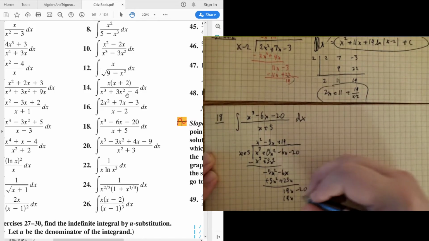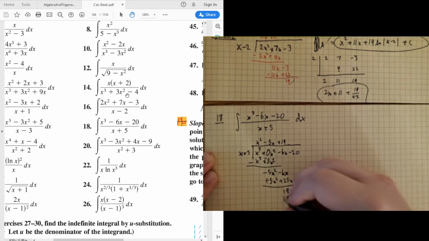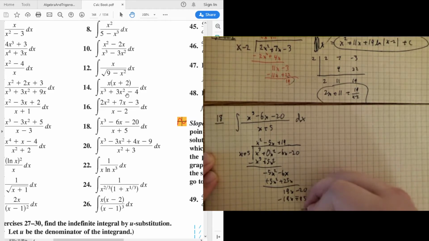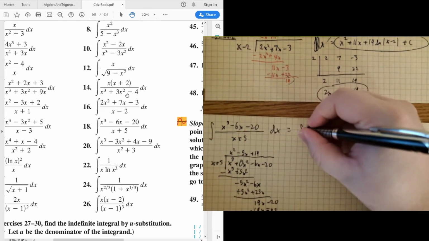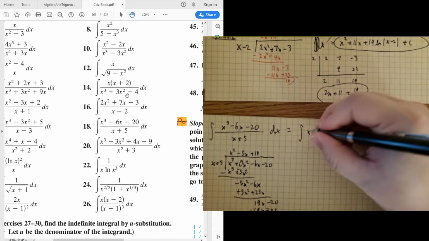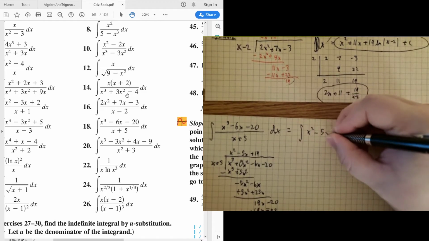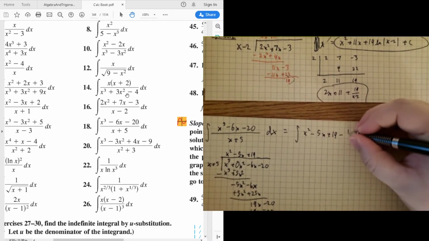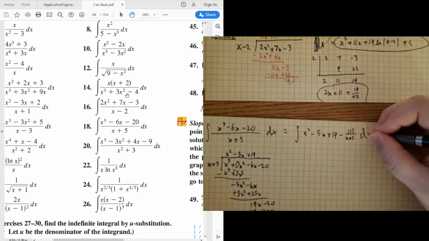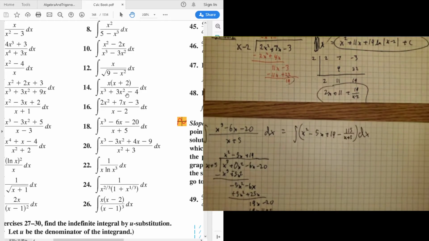So 19x plus 95. Double negative. This becomes negative 115. So this integral becomes the integral of x squared minus 5x plus 19 minus 115 over x plus 5 dx.